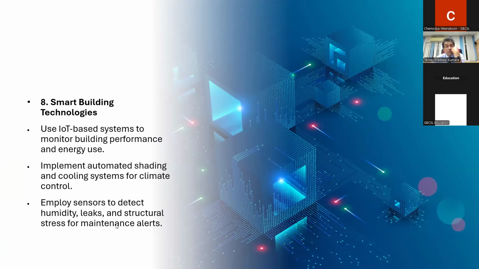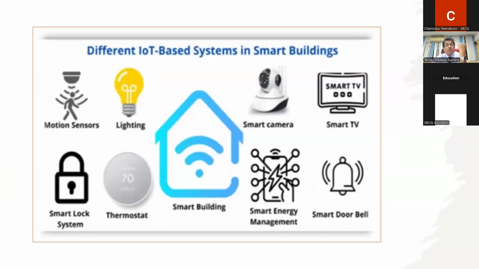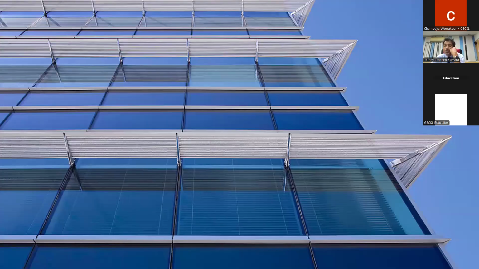Employ sensors to detect humidity, leaks, and structural stress of the installation. So go smart, right? Even motion sensors, lighting, smart thermostats to keep the temperature levels, smart cameras, smart TV. Go to those high-tech solutions, and auto shading, right?